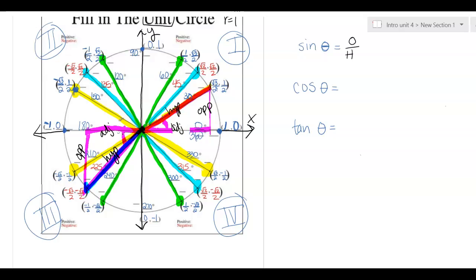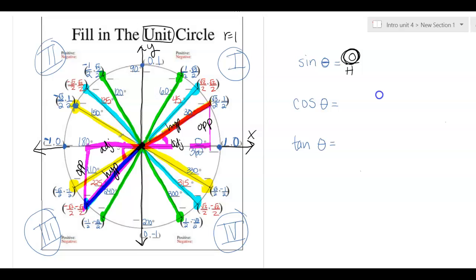That was the y-coordinate at that point. The opposites in these triangles are the same thing as the y-coordinates that you wrote down before because that's how far it is. So we can actually take opposite, and everywhere one of our trig functions uses opposite, if we want to use this circle instead of having to build a triangle every time, we can replace it with y.